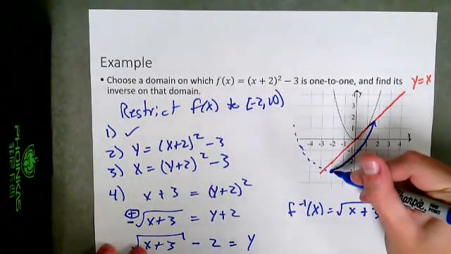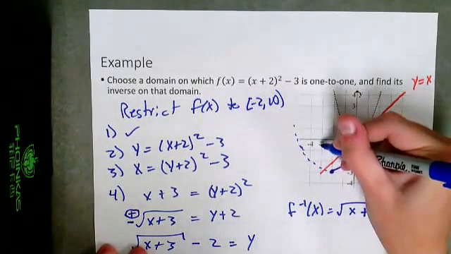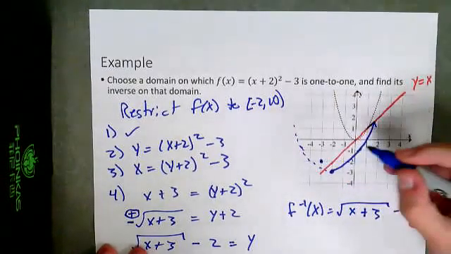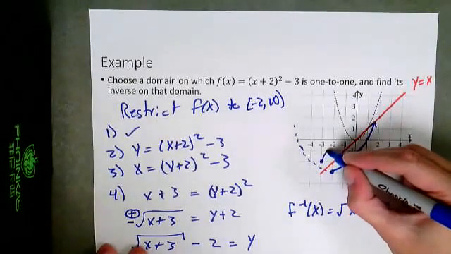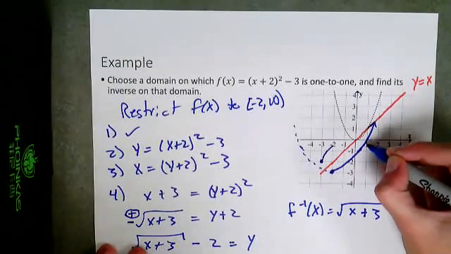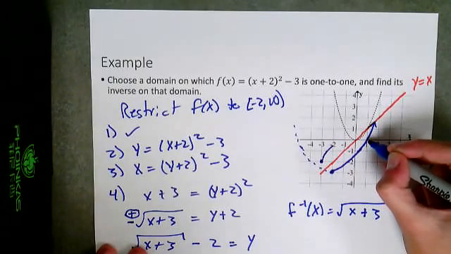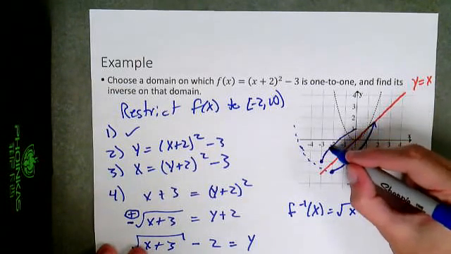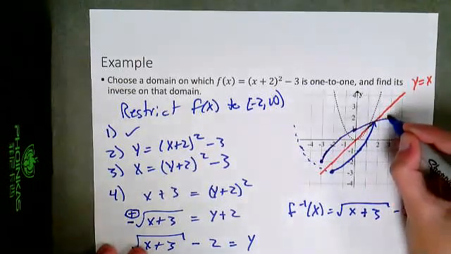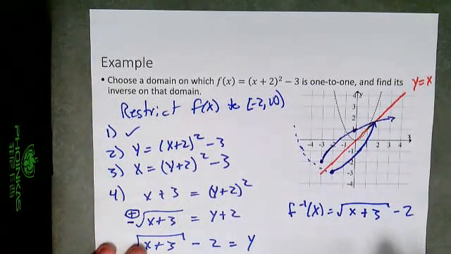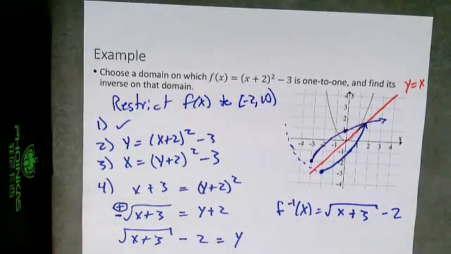This is -3, -2. This is 1, 0, 0, 1. It's going to look something like that, ish. And so there you have it. That's your inverse function f inverse of x.